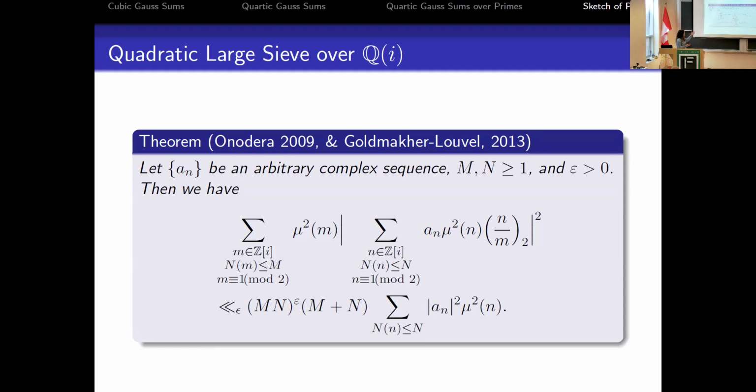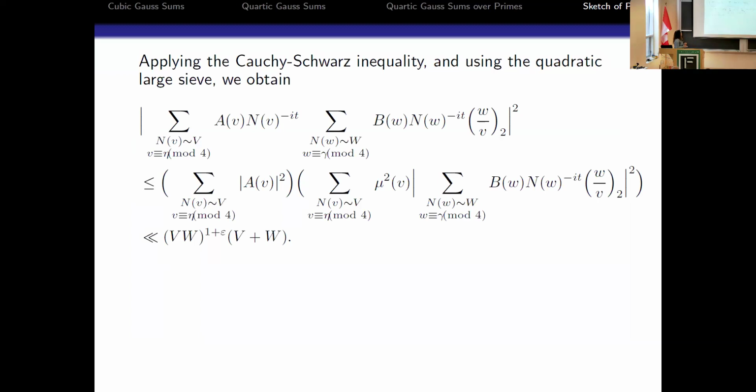So you can see that this is a quadratic large sieve inequality that is of the same quality as Heath-Brown's original quadratic large sieve. So what we do is, if you look at the sum right here, which is what our estimation of the type 2 sum boils down to, we apply Cauchy-Schwarz.